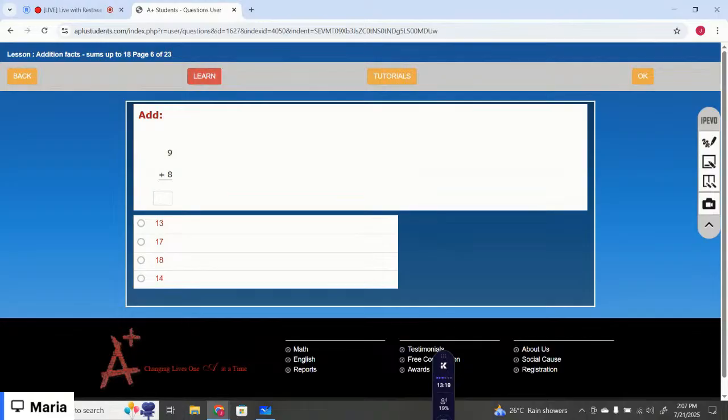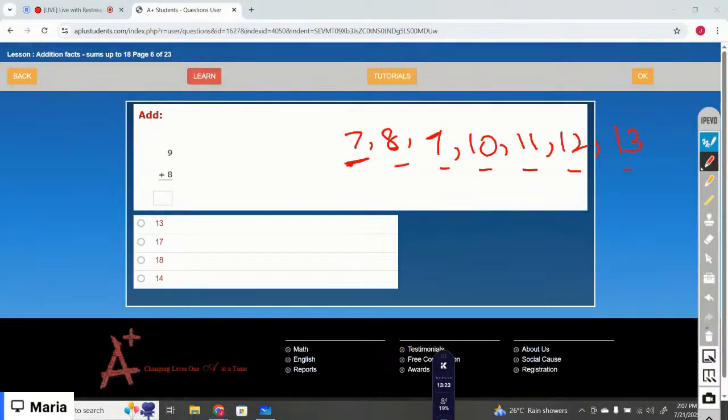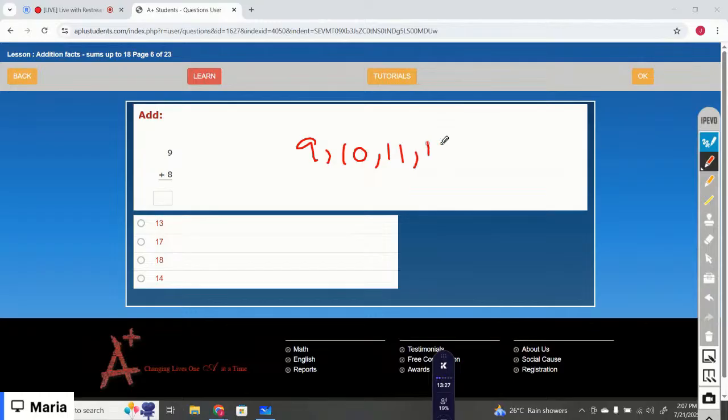9 plus 8. So start with 9 and count up to 8, 9, 10, 11, 12, 13, 14, 15, 16, and 17. So 9 plus 8 makes 17. The correct option is 17.